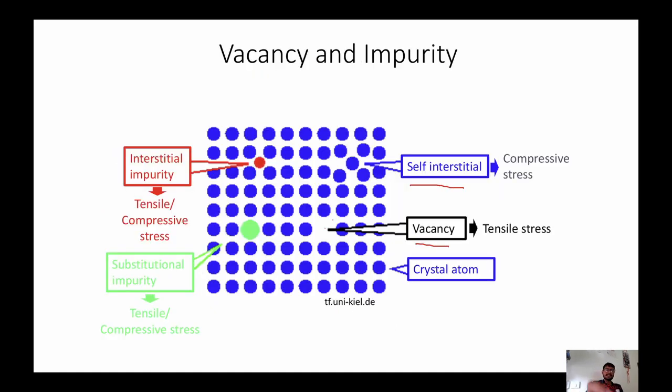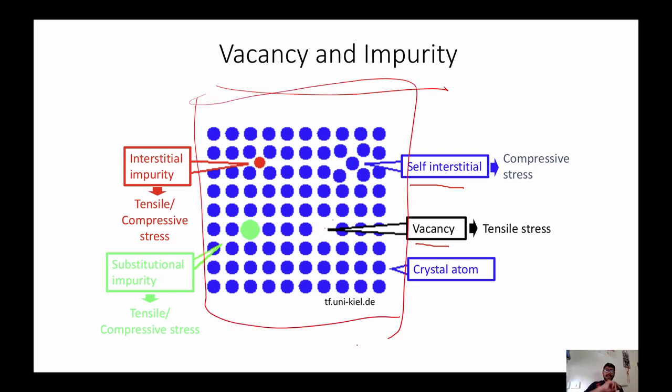Now let's see the vacancies and impurities. A vacancy is nothing but a missing atom from its lattice point. This is the crystalline structure of any piece of material. If the atom is missing from the crystal lattice, from its lattice points, there will be a vacancy.